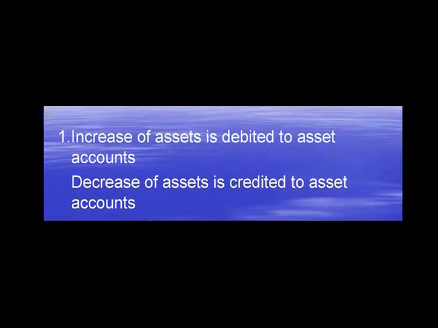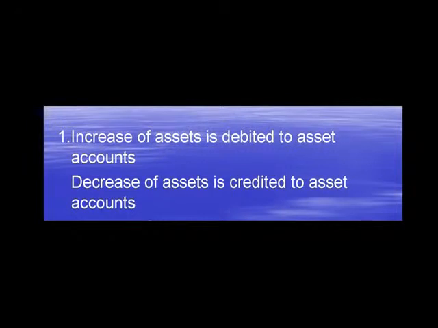Then what are the double entry accounting principles? The double entry principles are applicable to assets, liabilities, owner's equity, revenue, and expenses. The principle applicable to assets is given here: increase of assets, debit.